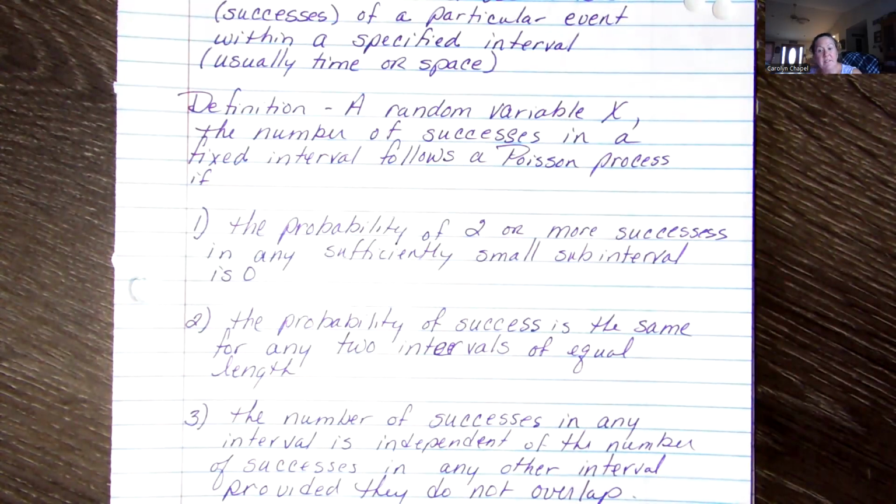The probability of success is the same for any two intervals of equal length. What we mean by that is if I'm looking at people in a checkout line, we might be looking from 10 to 10:30 and also from 9 to 9:30, and those time periods would be the same. Not always the case, but maybe Tuesday mornings from 10 to 10:30 is pretty much the same every Tuesday morning.